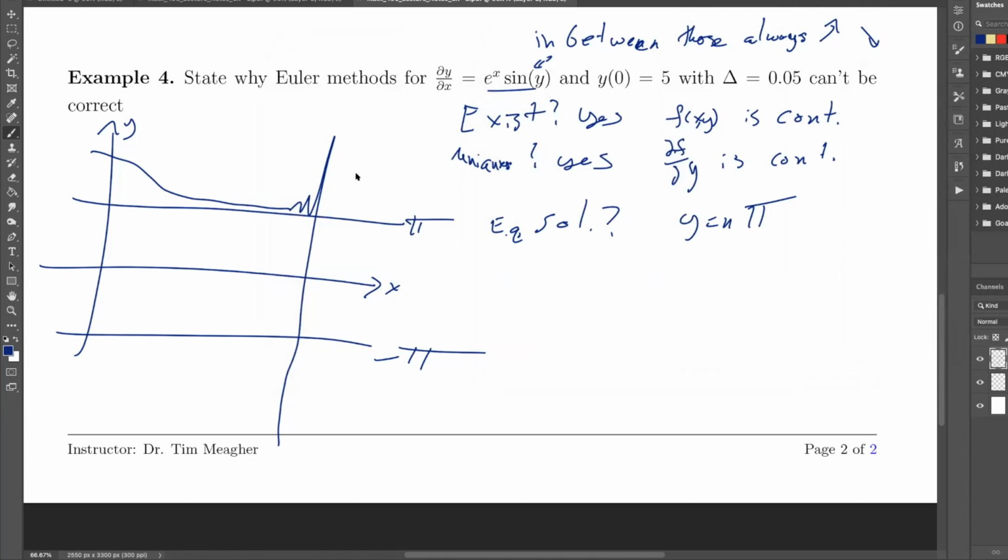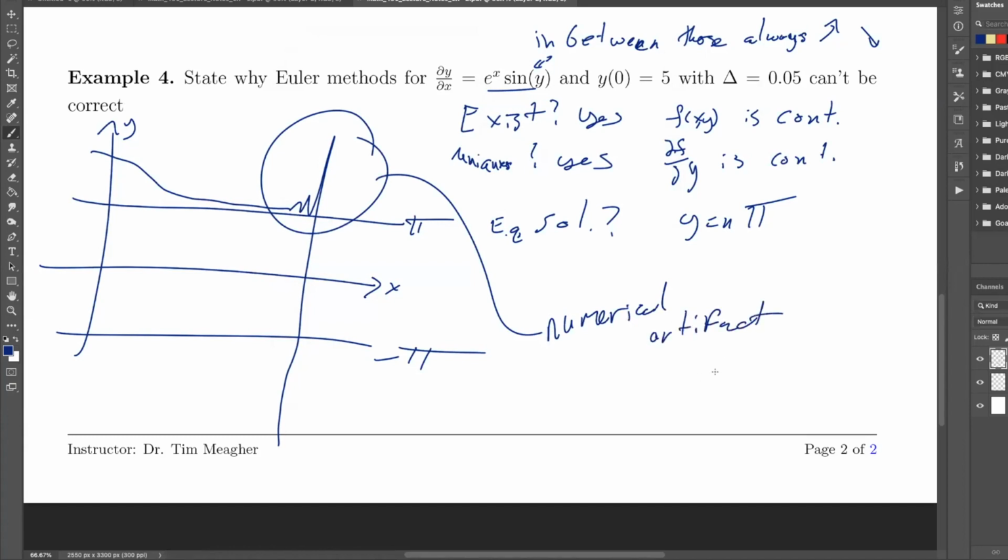What we call this is a numerical artifact. Okay, this is a numerical artifact. The reason this chapter is so important is that 90% of you are not going to solve differential equations by hand. Let's be honest, right? You're engineers. You're going to type it into whatever proprietary software your company gives you, and just crunch through it.